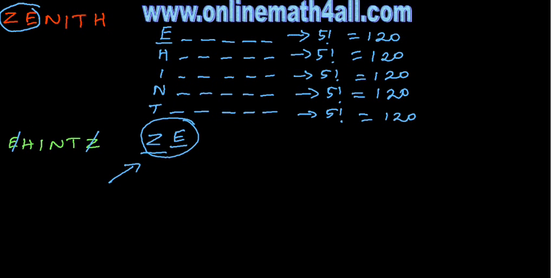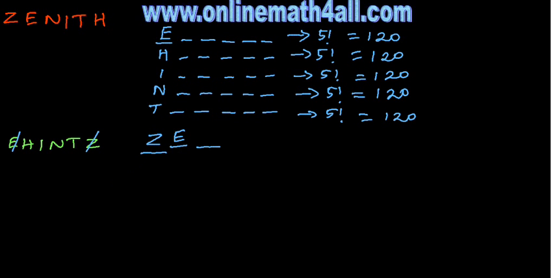If the order of the first few letters of the new words we are going to form and the order of the first few letters of the word given in the question are both the same, we should not do any calculation. We have to move to the next place, and the next place is to be filled with one of the remaining 4 letters, because the first and second places have been filled with Z, E, and the same letters should not be considered.